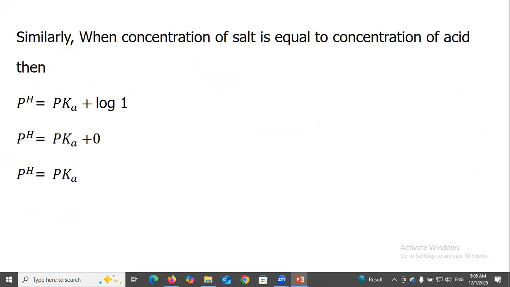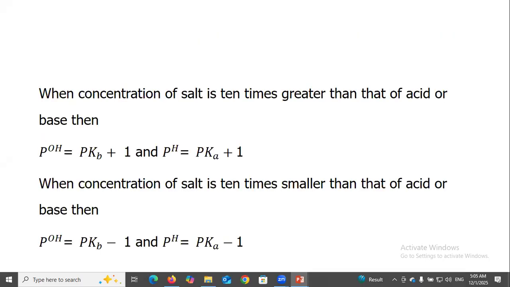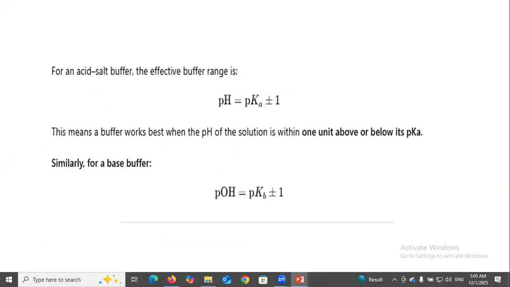Similarly, when the concentration of salt is equal to the concentration of acid, pH equals pK plus log 1, so pH equals pKa. When the concentration of salt is 10 times greater than that of the acid or base, pOH equals pKb plus 1 and pH equals pK plus 1. When the concentration of salt is 10 times smaller than that of acid or base, pOH equals pKb minus 1 and pH equals pK minus 1.